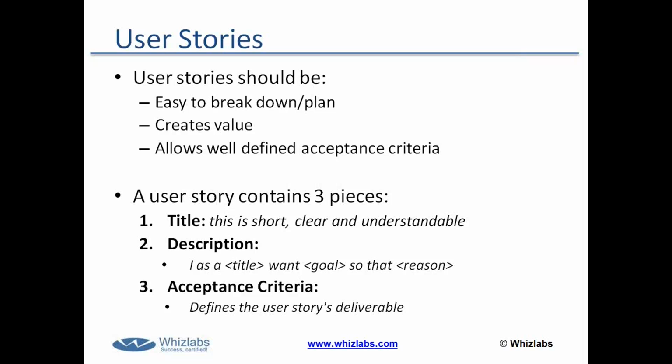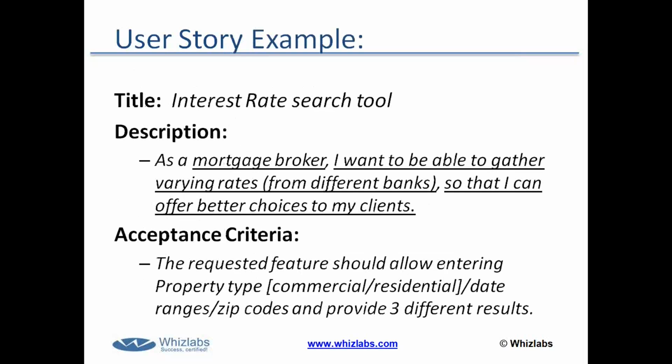They will define the acceptance criteria that the stakeholder will accept from the product owner's team, meaning from the developer's team, right? So again, the user story contains 3 pieces: a generic title that is short, clear, and understandable, a description that has 3 pieces, and an acceptance criteria that defines the user story's deliverable.